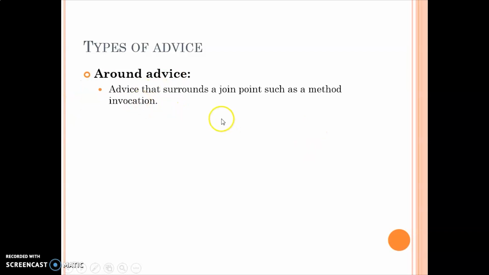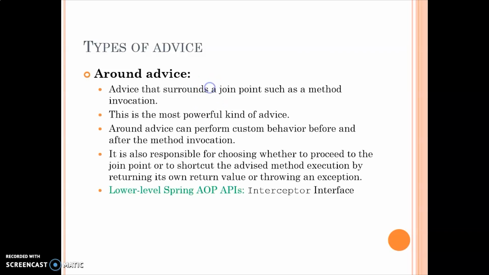Around advice, as I said earlier, is something that is going to surround your join point. That is, this particular set of code will execute before and after both. Okay, and for such an implementation we will need something which is called an interceptor interface. Again, understand that this is one of the most common ways in which advices are implemented.